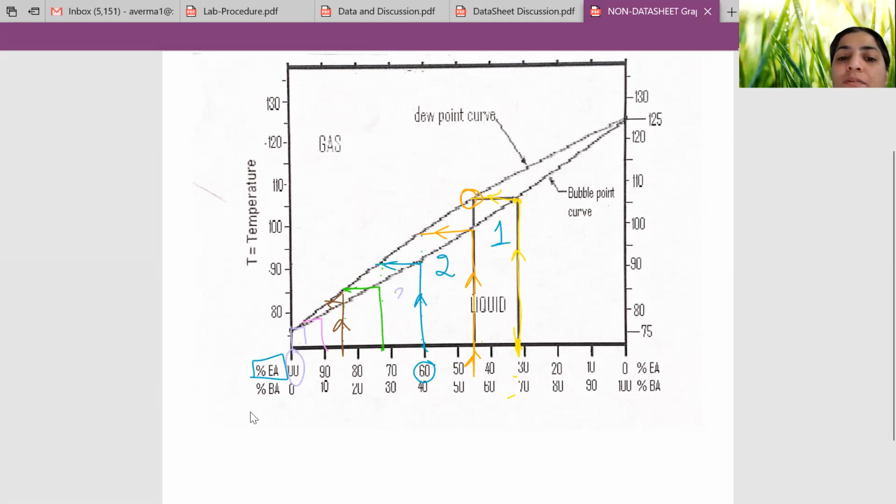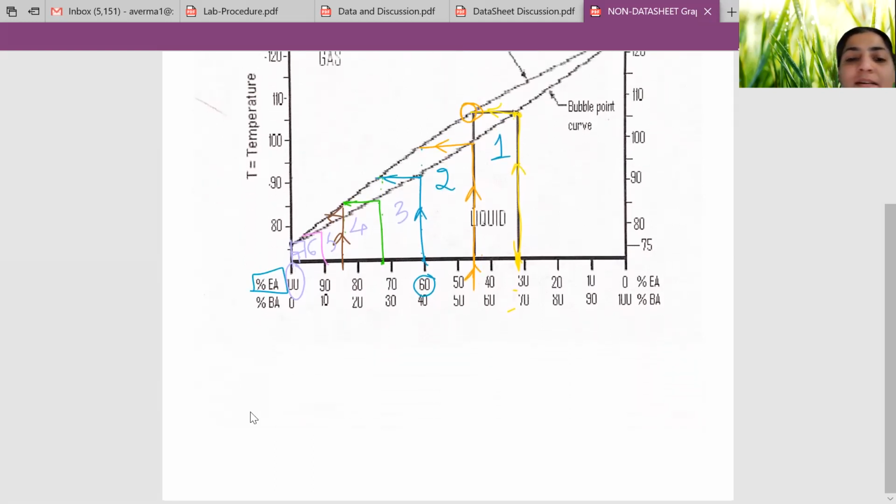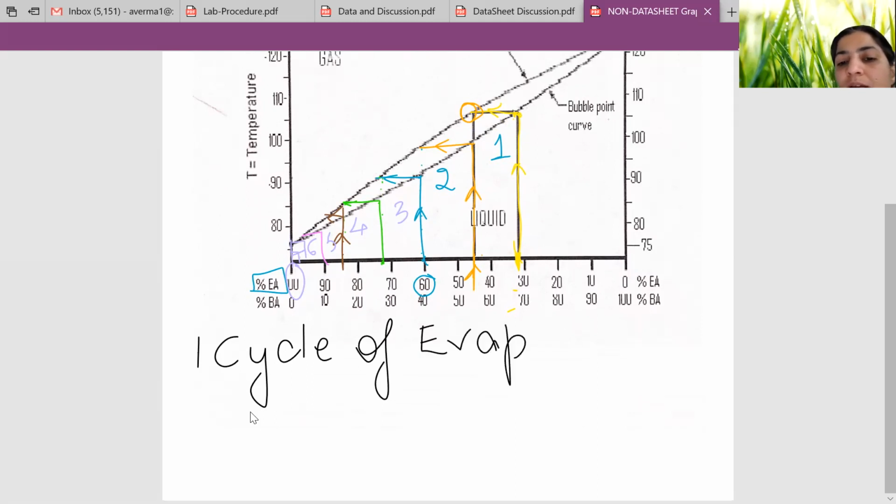So if you count, we used many of these evaporation and condensation. One plate is defined as one cycle of evaporation and condensation.